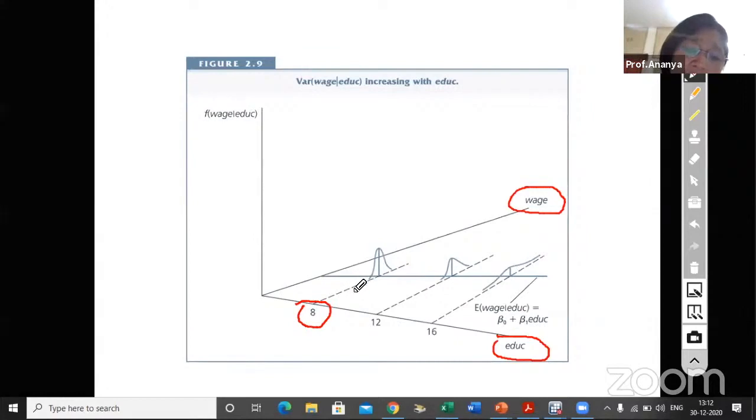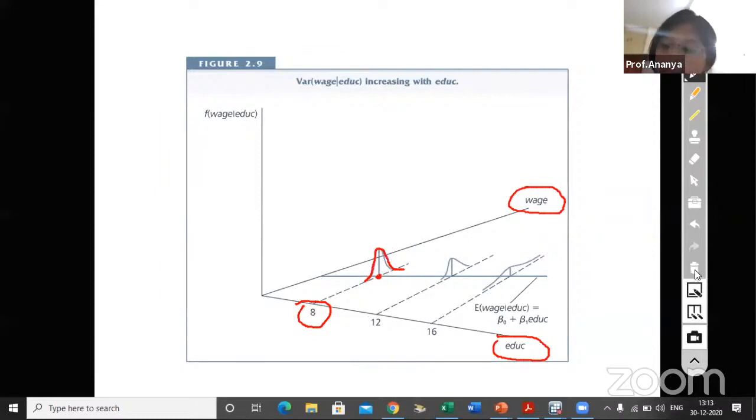I get not one value of wage, but a whole distribution of values of wage, which is to say that if you look at people with 8 years of education, you see that they're earning different amounts. Somebody is earning less, somebody is earning more, so you'll get a whole range of values, and those values will have some average. That average is indicated over here.